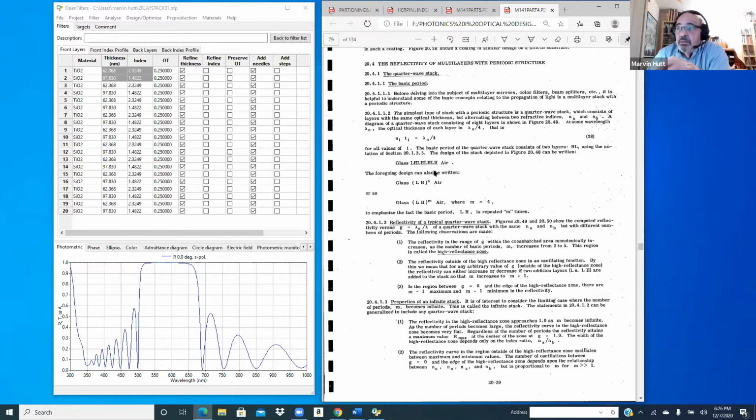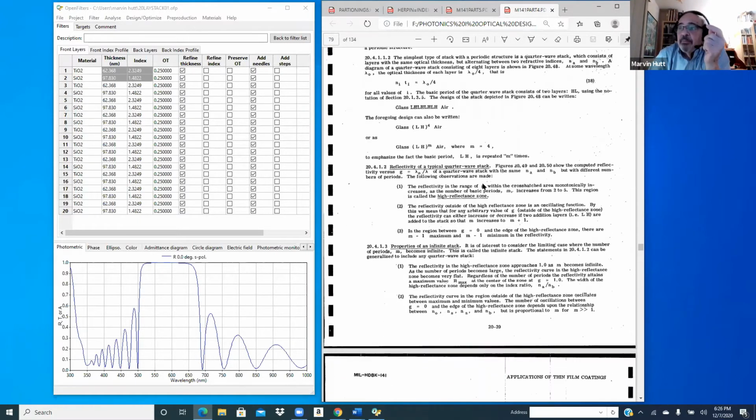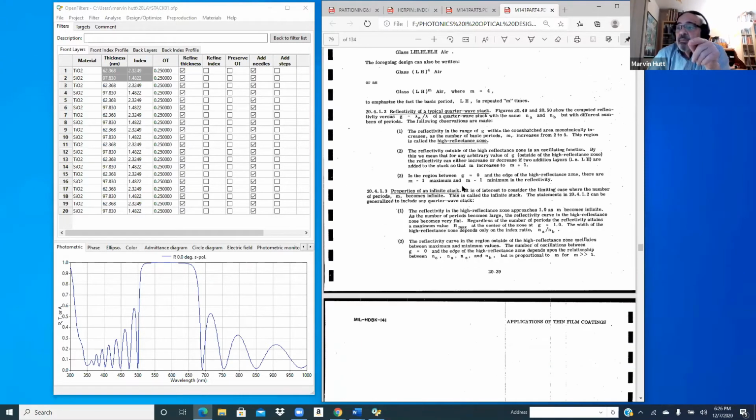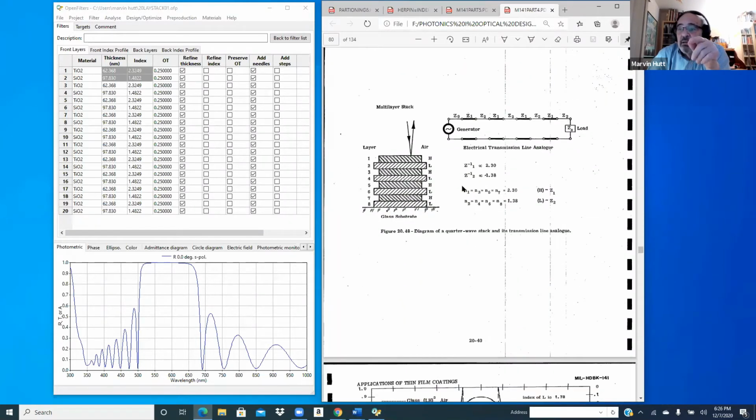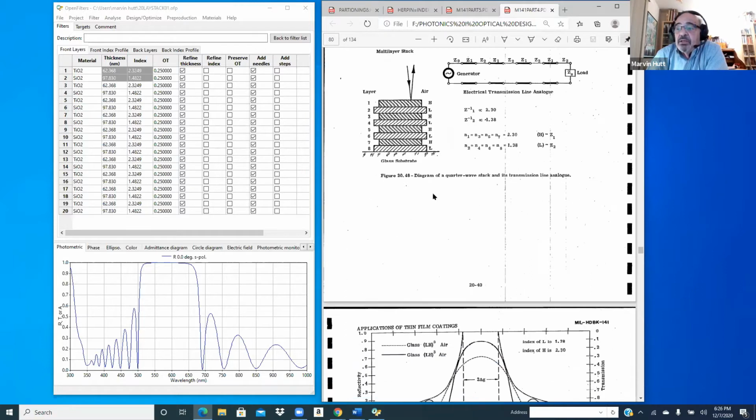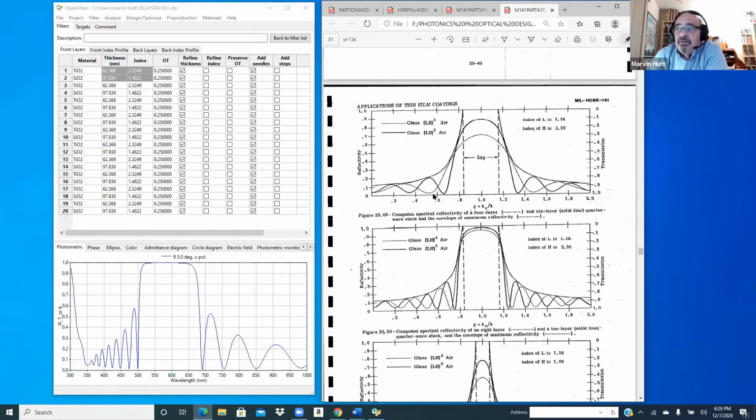And here you see the basic stack, low, high, low, high, low, high, air, or it can be written as low, high to the fourth, air, which we will look at in a minute. And the typical quarter wave stack, as you've seen, is 8 layers. I gave you an 8-layer stack to look at the various impedances, okay? And to look at the reflectivity coming out of it.